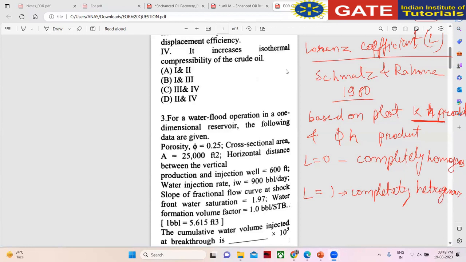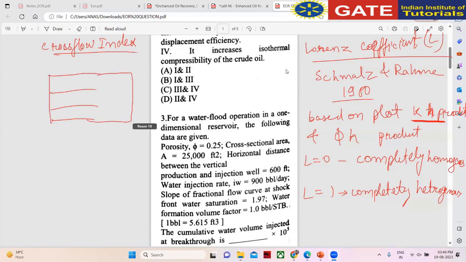And the third method will be calculating the cross flow index. So cross flow index will also give the data about these reservoirs.